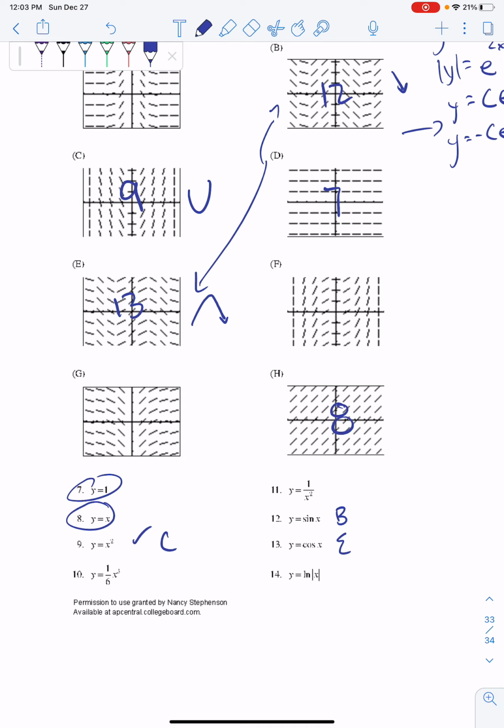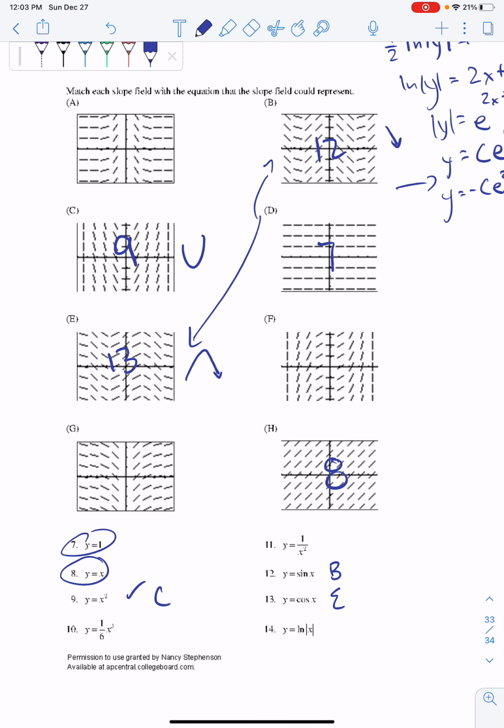And then I've got a little bit of work to do. 1 over x squared. I've got 1/6 x cubed. Well, these are usually what our x cubed ones look like, right? They usually have almost that tangent shape. And then we've got natural log.